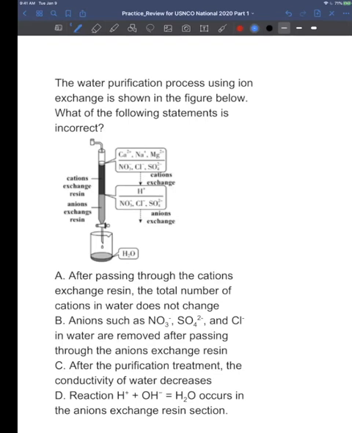You guys probably use deionized water in the chemistry lab, right? How is deionized water produced? Most deionized water comes from ion exchange resin.